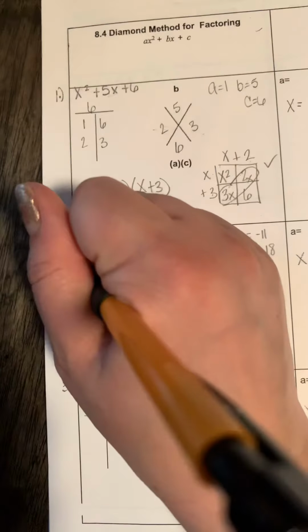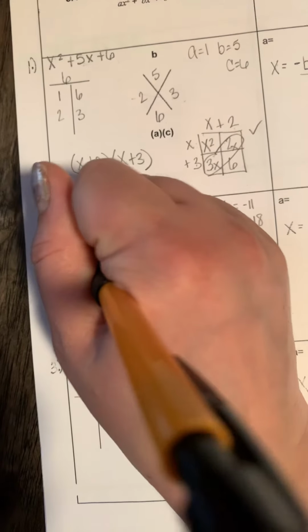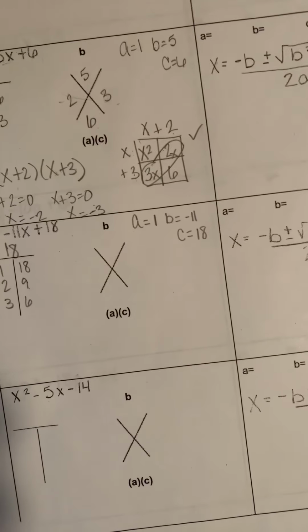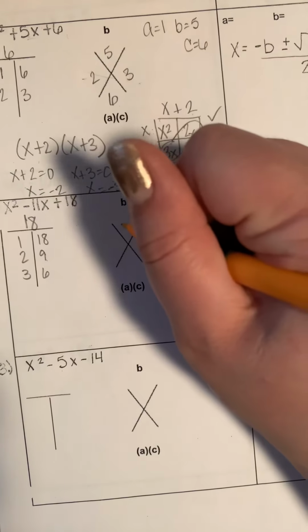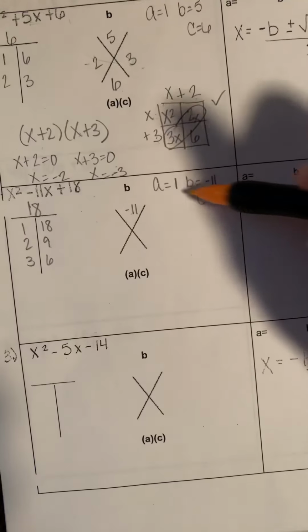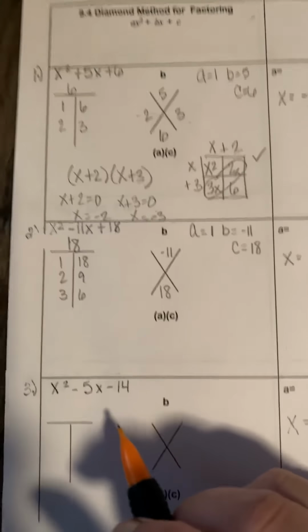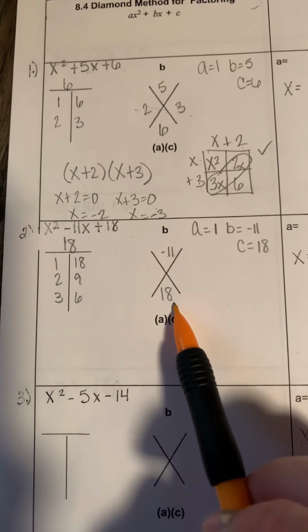So 1 times 18, 2 times 9, 3 times 6. We're going to put our B on the top of our diamond, so negative 11. A times C on the bottom, so 1 times 18 is 18.